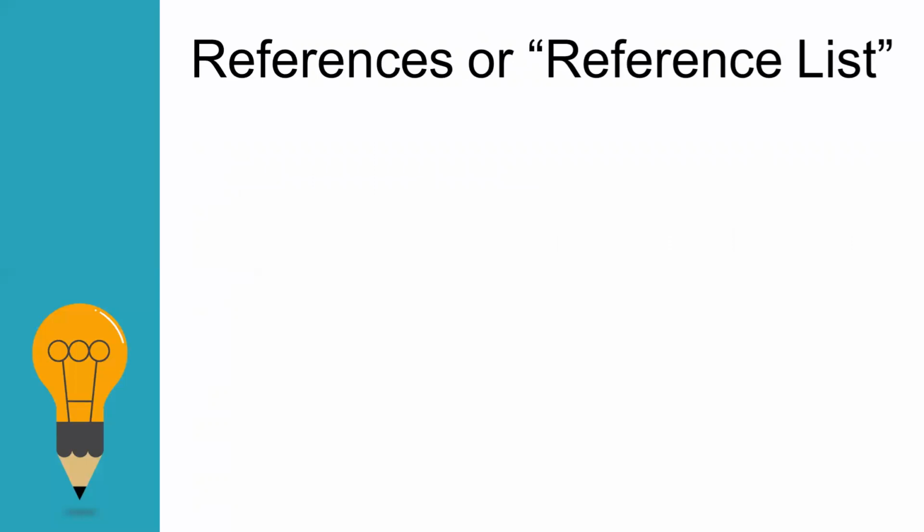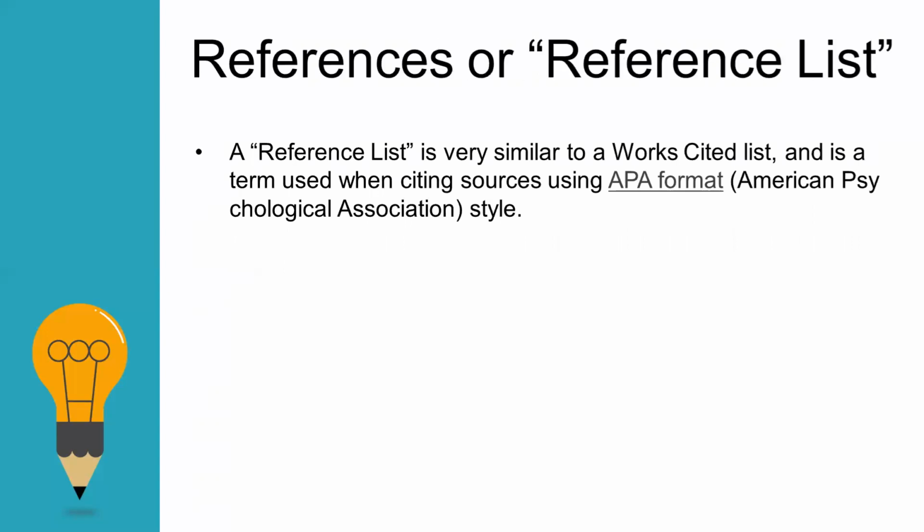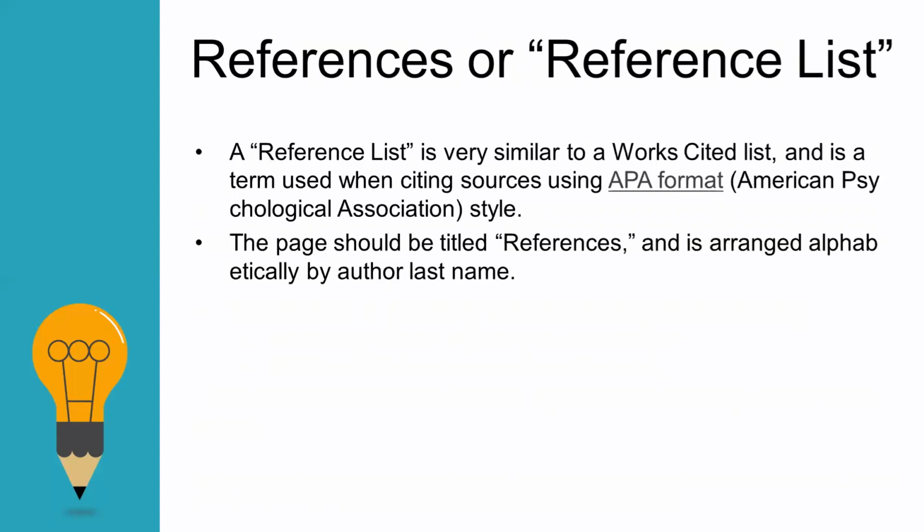So let us see what is the term which we use, references or reference list. A reference list is very similar to a works cited list and is the term used when citing sources using APA format, that is in American Psychological Association style. The page should be titled References and is arranged alphabetically by author's last name.